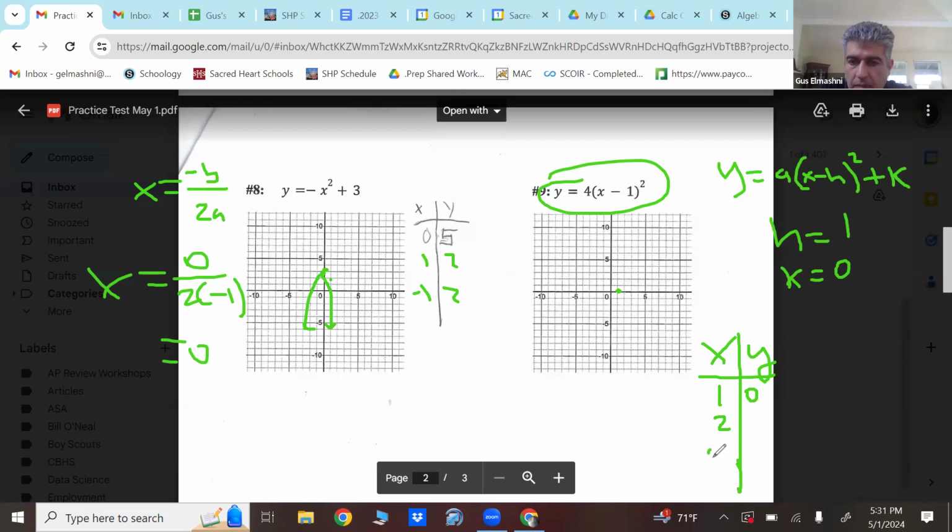Again, I'm getting a little lazy. I'll just do 1 point on each side. If I plug in 2, I get 4. Plug in 0, I also get 4.